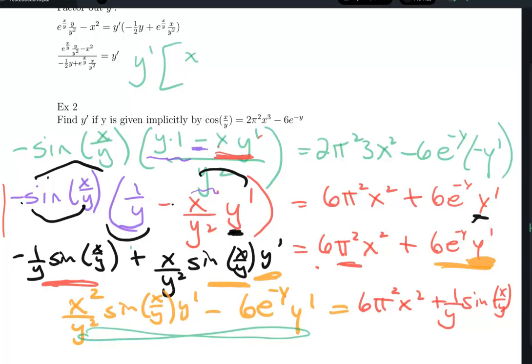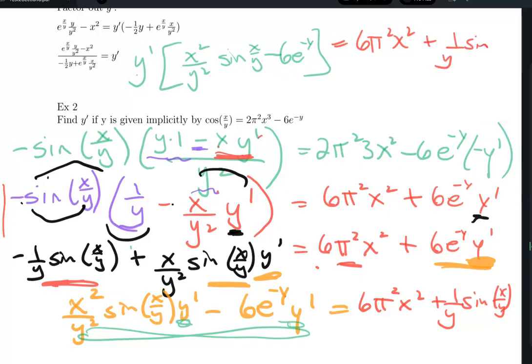So I have x over y squared sine of x over y minus 6e to the negative y, right? Because I took those two y prime guys out. The right-hand side just carries along for the ride. So I'll keep it in the same color so you see it.